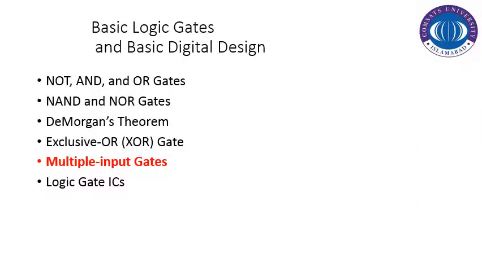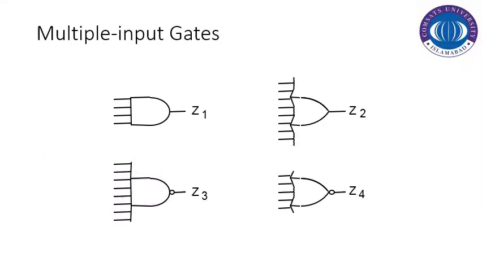Now coming to the multiple input gates. For example, if we have a system of more than 2 literals, how are we going to represent that? Basically we can represent it by the standard notation. For example, this is an AND gate with 4 inputs, and this is the NAND gate with 8 inputs.